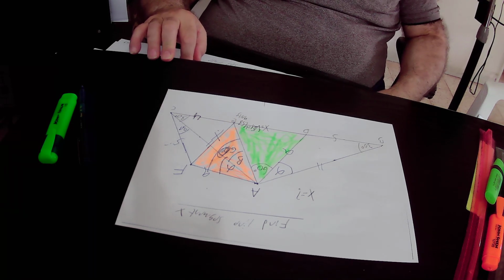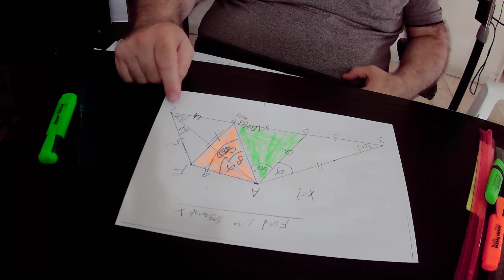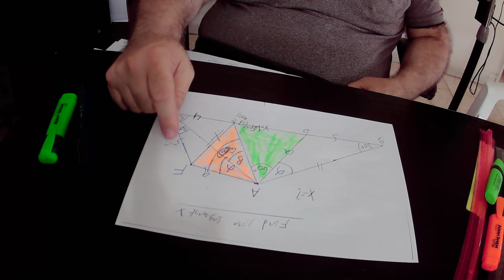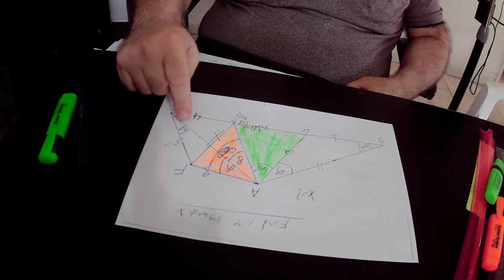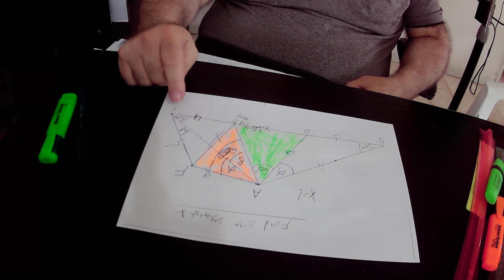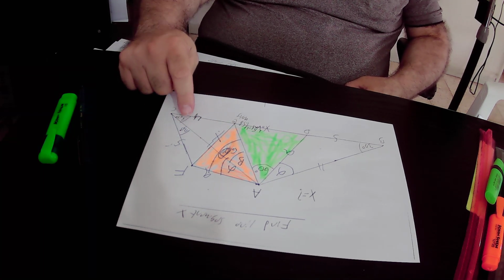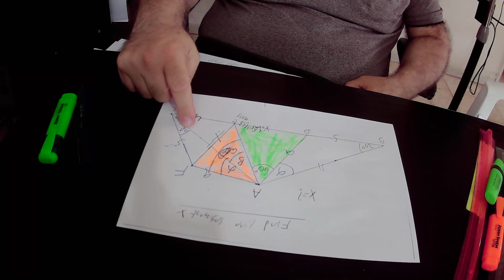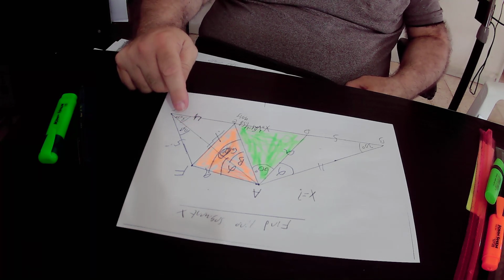And we did another construction from point C. We draw a straight line in such a way that angle ACF will be equal to 30 degrees. So angle ACF equals 30 degrees according to our construction.